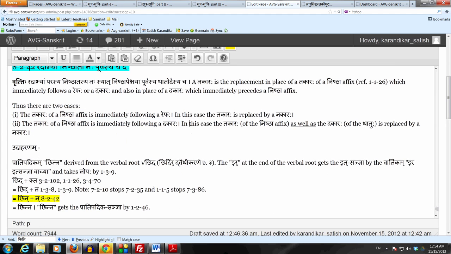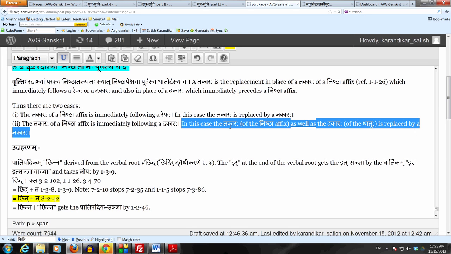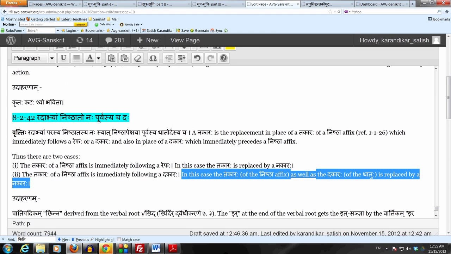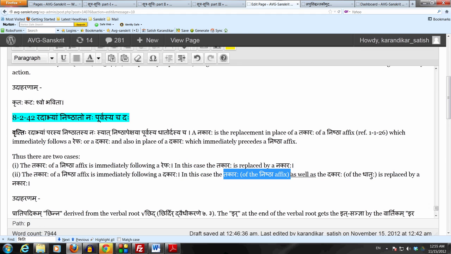First, the takara of the nishtha pratyaya is replaced by a nakaraha, as well as the dakaraha preceding the takara of the nishtha pratyaya is also replaced by a nakara. So there are two nakara substitutions: one in place of the takara of the nishtha pratyaya itself, and the second in place of the dakara which is preceding the takara of the nishtha pratyaya.